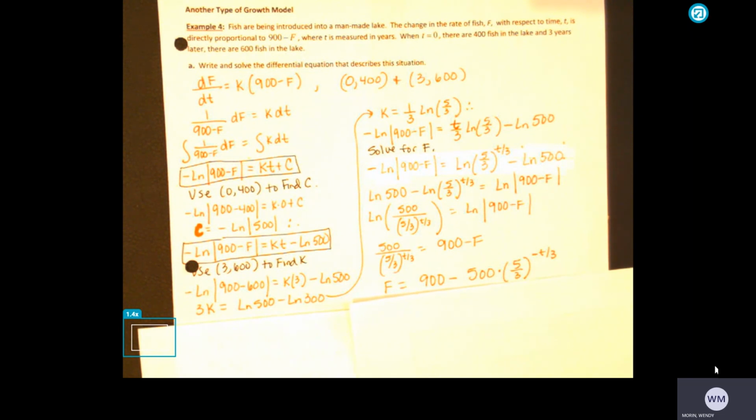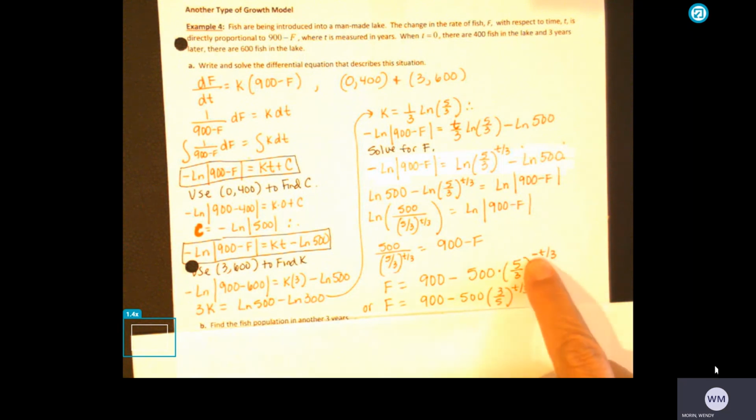So I added F to both sides and I subtracted this, and there's your particular solution. If you wanted to change the negative exponent to a positive, you can change it to 3/5. Again, a lot of work, same process, separation of variables.